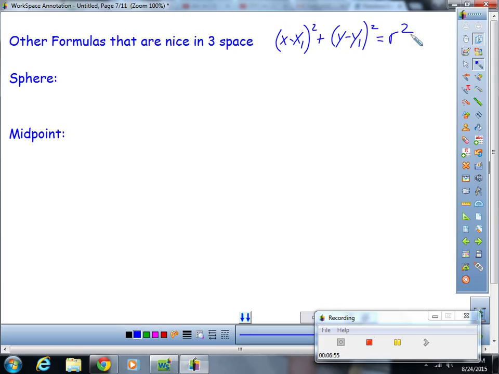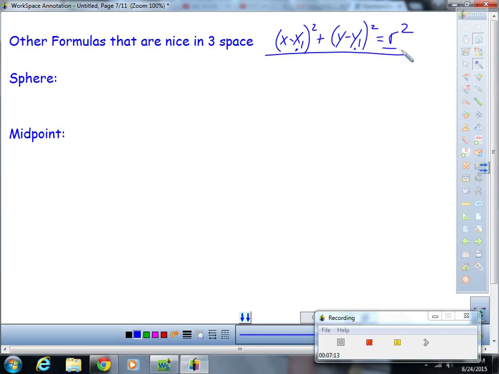I hope you understand that the circle equation is just the distance formula. That's all it is. It's the set of all points that are equidistant from a set point, x1 comma y1, a distance of r.